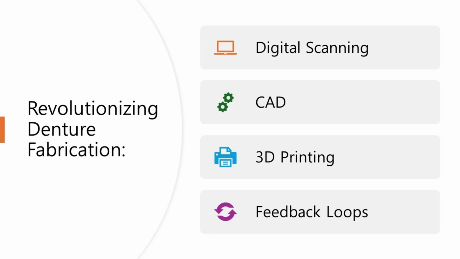The revised design can be quickly reprinted for further testing, ensuring that the dentures are optimized for comfort and functionality before finalization. By harnessing these technologies, we not only streamline the entire process of denture fabrication but also enhance accuracy and improve patient satisfaction, marking a significant advancement in prosthetic dentistry.